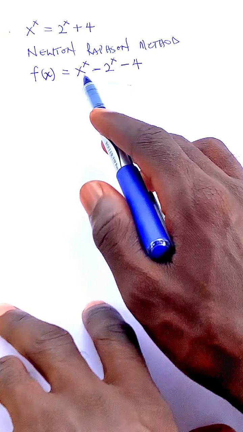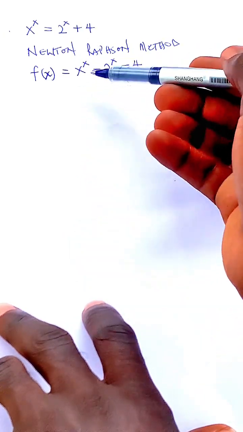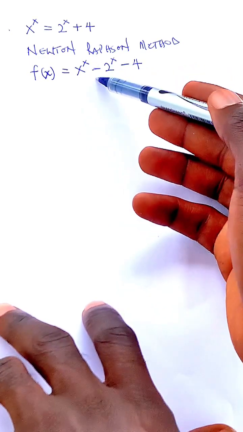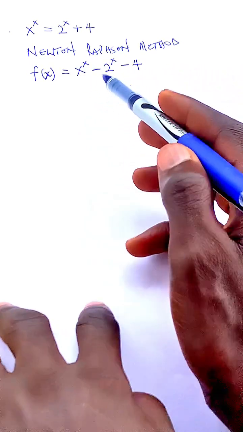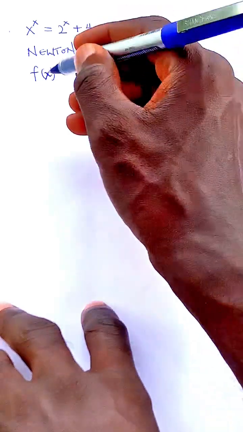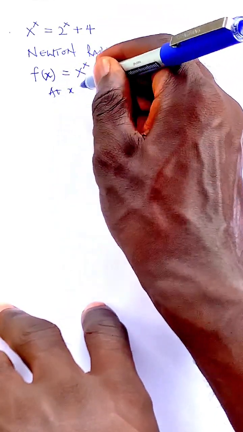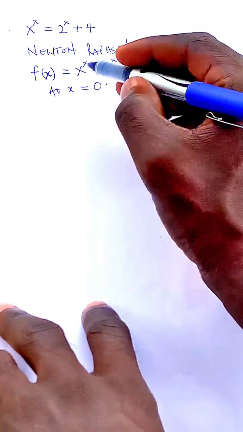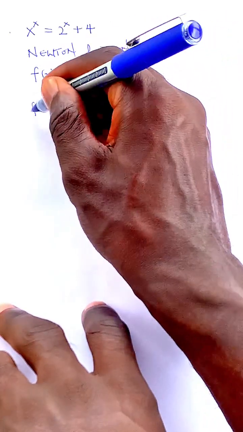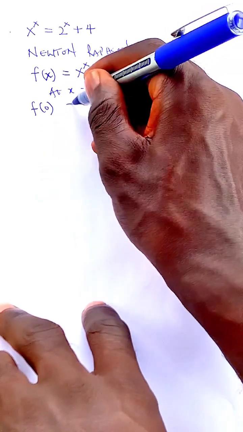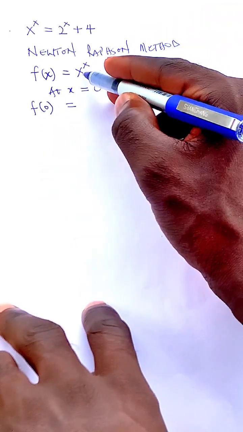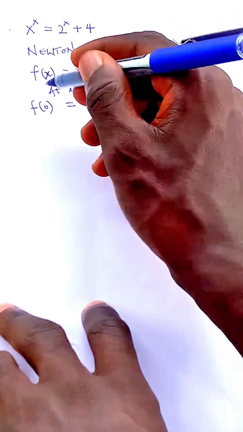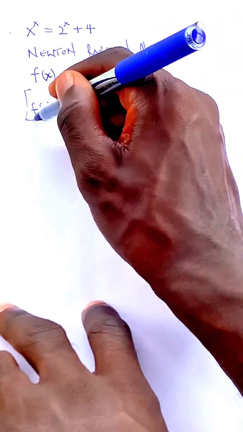That means there is no whole number, integer value of x that will make the result 0. What we do here is to try some things, like at x equals 0. At x equals 0, here will be 0 to the power 0, and 0 to the power 0 is undefined. So we cannot choose x equals 0.